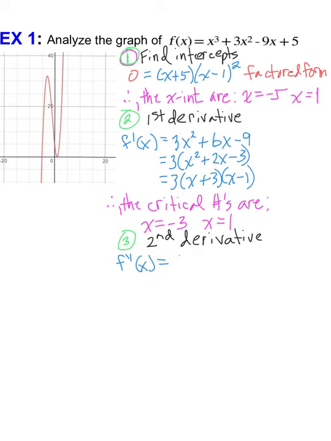So I've got 6x plus 6. And then if I factor that, I'm going to factor a 6 out. So the factored form of that derivative is 6 times x plus 1. And so from there, we can determine our possible points of inflection.